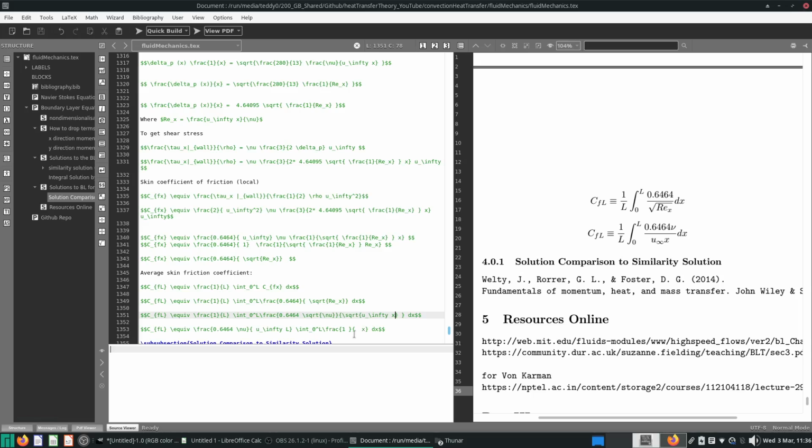Square root of u infinity and x, and okay, there you go. And again, square root of nu and square root of u infinity. Alright, there you go. Not too much of an issue there.